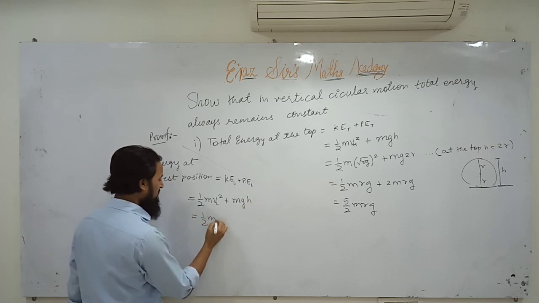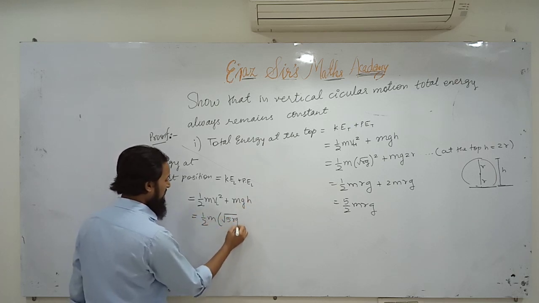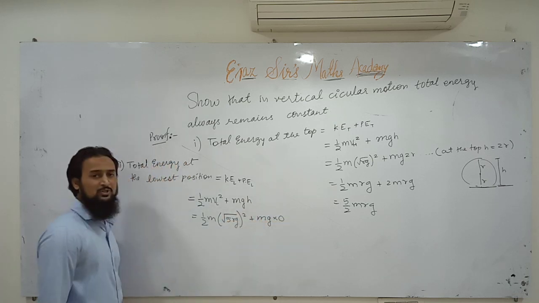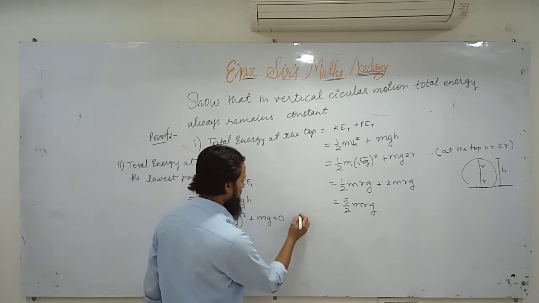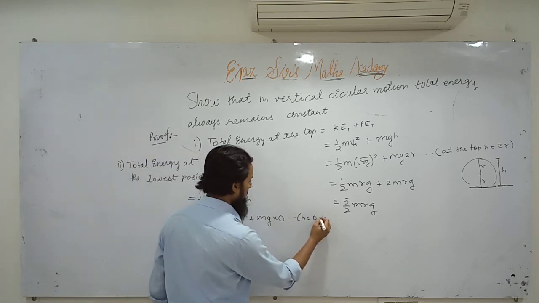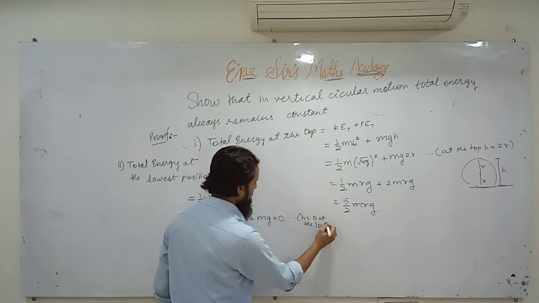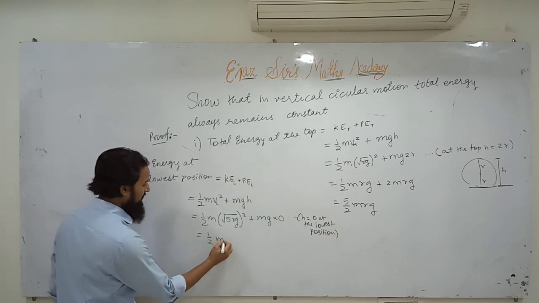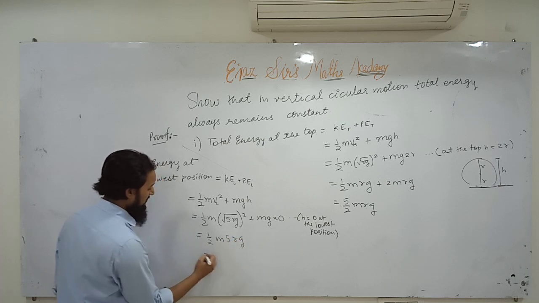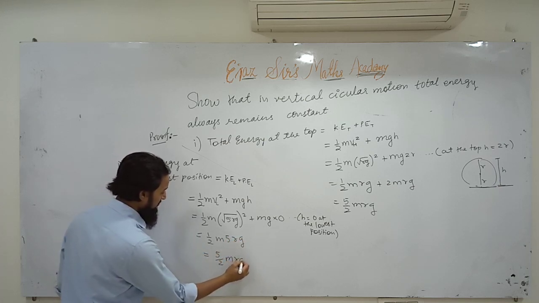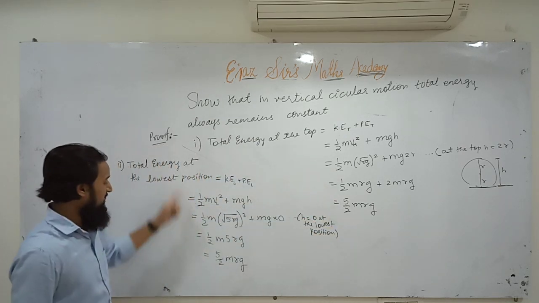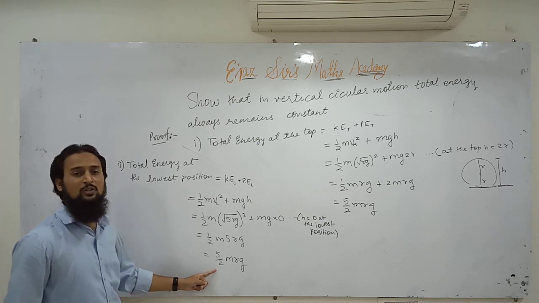It is half m root 5 Rg square plus mg into 0. At the lowest position height is 0. So it will be half m 5 Rg. We can write it as 5/2 mRg. See, total energy at the top is 5/2 mRg. Total energy at the lowest position is also 5/2 mRg.